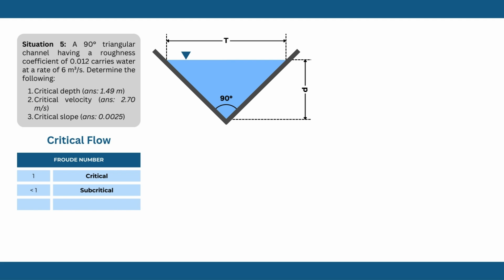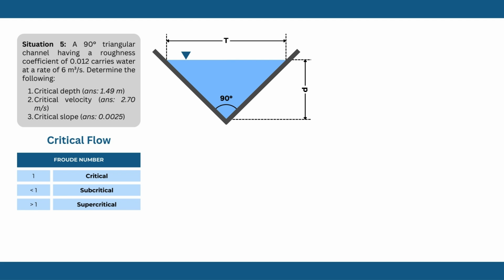On the other hand, if the value of Froude number naman is greater than 1, then yun naman yung tinatawag natin na supercritical flow, wherein ito naman yung flow na may greater speed. Bale, to state simply, yung critical flow natin is yung flow na may balanced velocity lang, while yung subcritical flow naman is mas mabagal, then yung supercritical flow is mas mabilis.